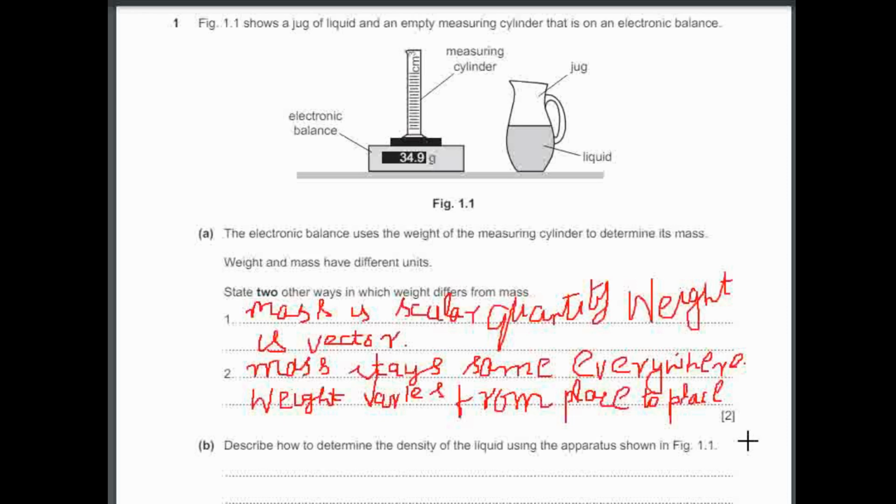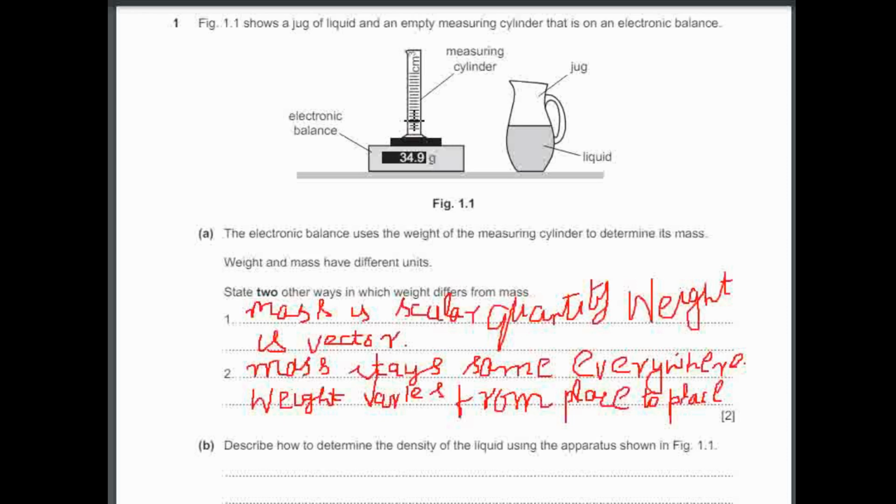Next is, describe how to determine the density of liquid using the apparatus shown in figure 1.1. How to find the density of liquid. It is very easy. When you place an empty measuring cylinder on the electronic balance, it will give you the mass of the empty measuring cylinder.